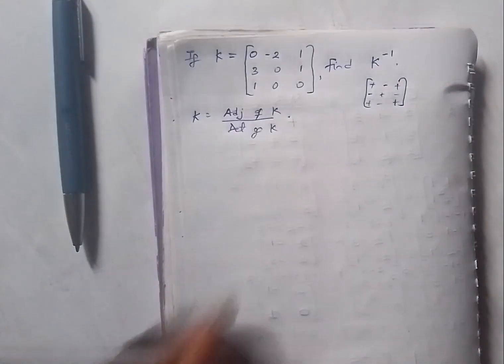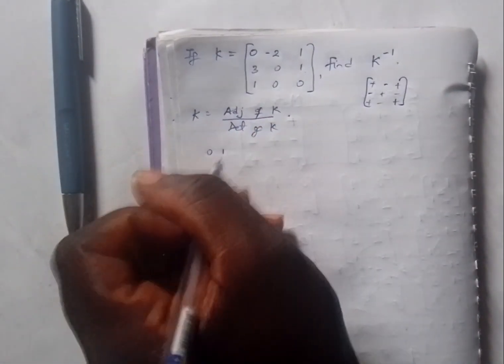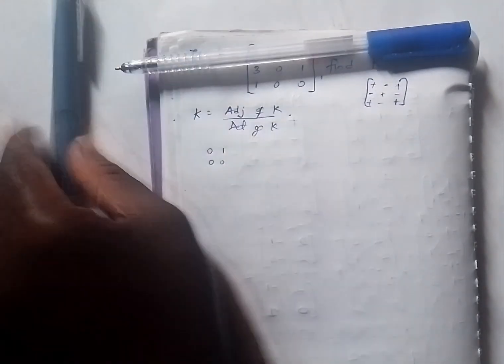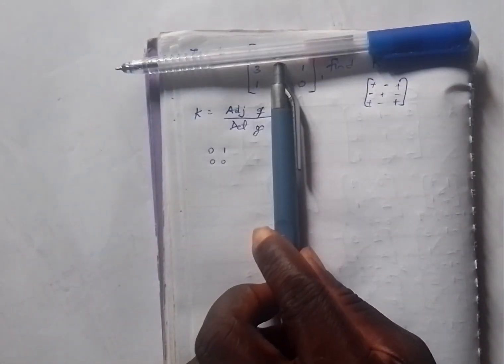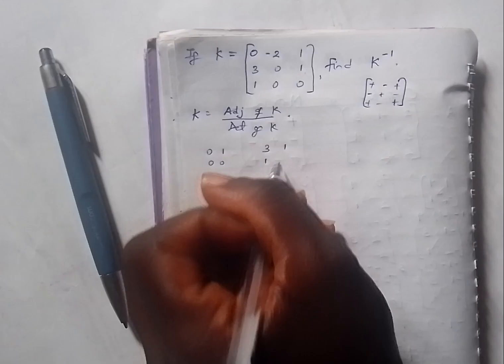The elements you are seeing will be 0, 1, 0, 0. You write it somewhere. When you cover the column of minus 2 and the row of minus 2, you'll be having 3, 1, 1, 0.